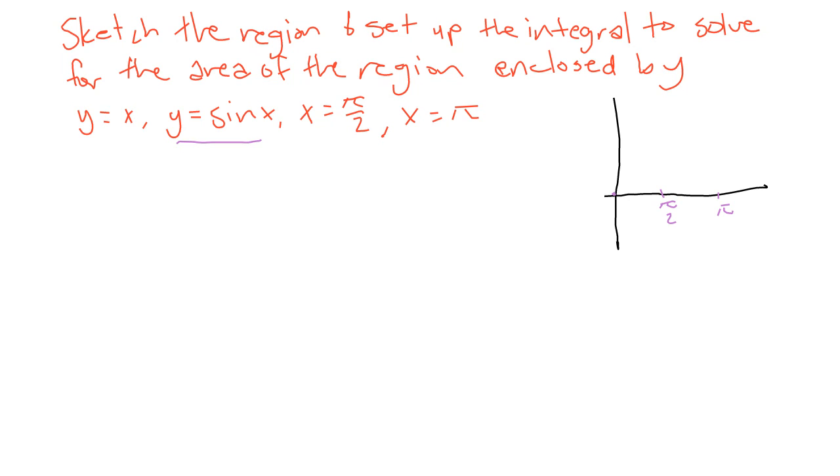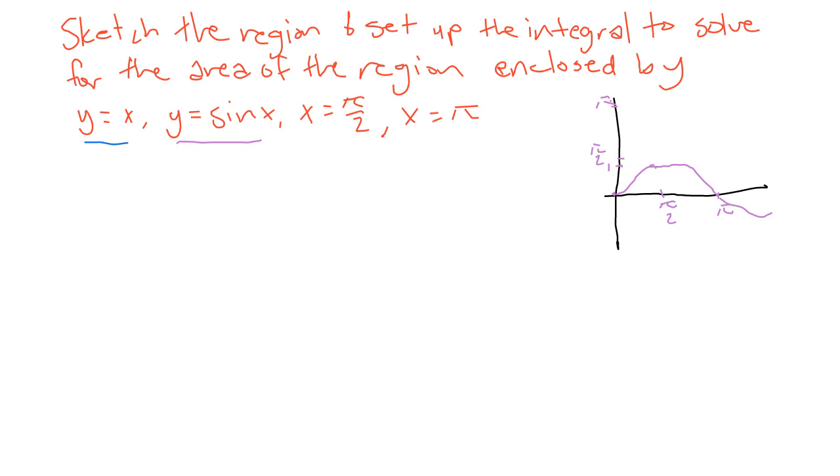Up here we have pi over 2 and then pi, and a little lower we have our 1. Whenever we get to pi over 2, we go all the way up to 1. Then we go down, and at pi we're back down to 0. That's really all we need to worry about for right now.